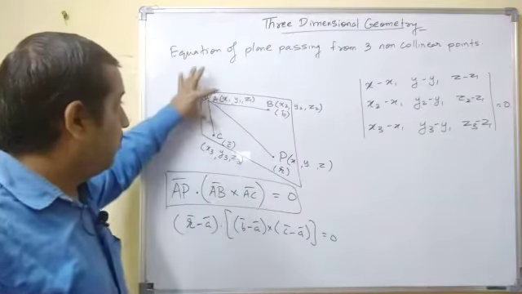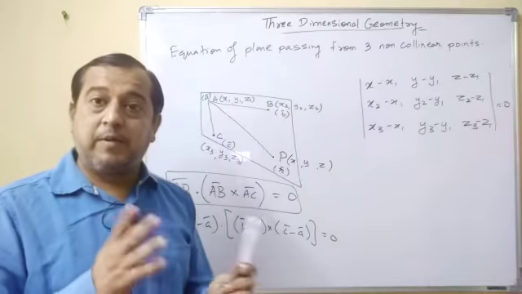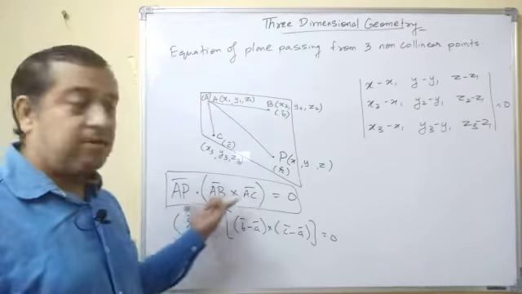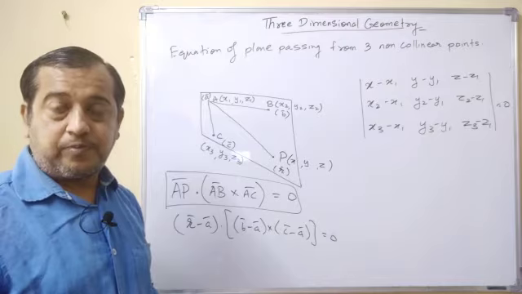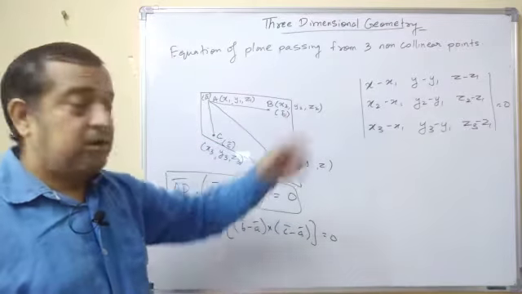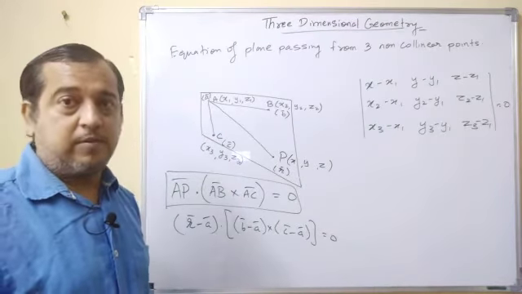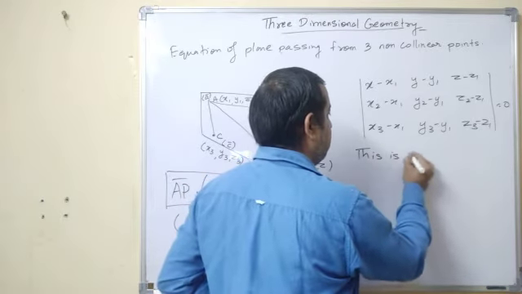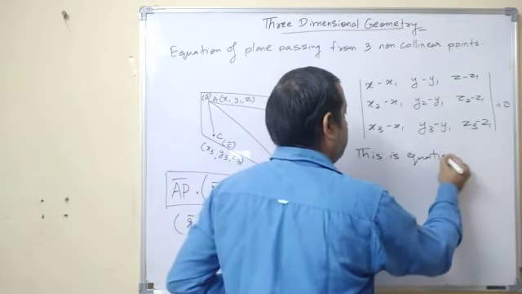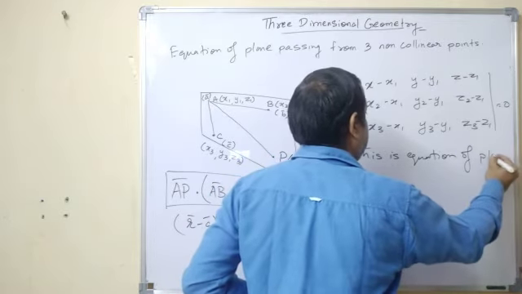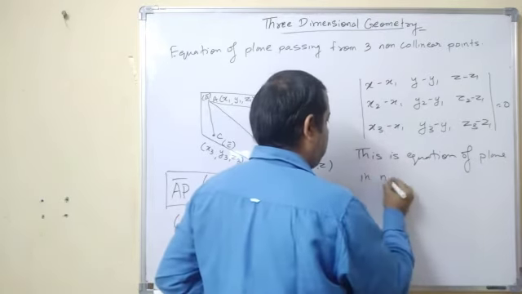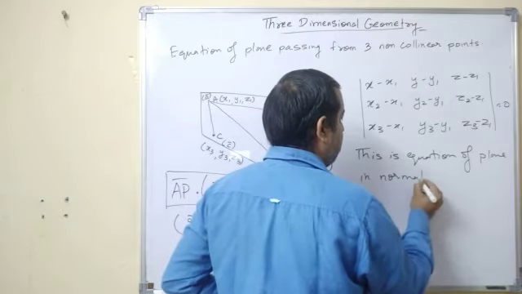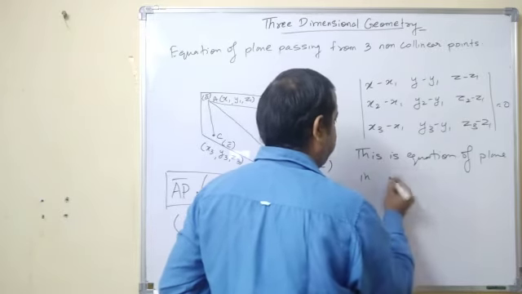Moreover, this concept leads to the scalar triple product concept also. This is nothing but a scalar triple product. In a scalar triple product, we find the value through a determinant. This is the equation of the plane in Cartesian form.